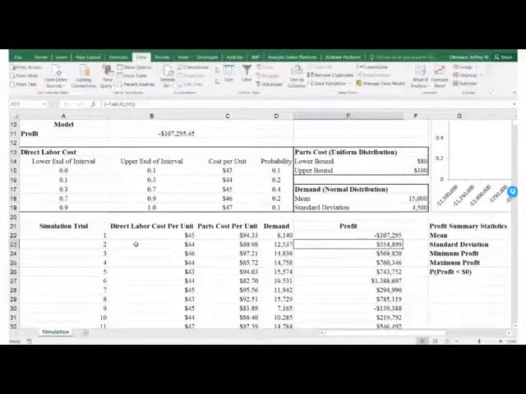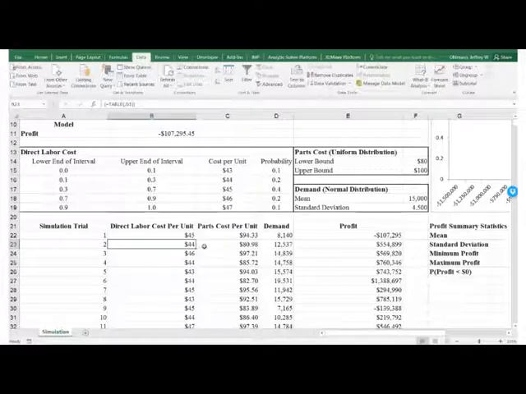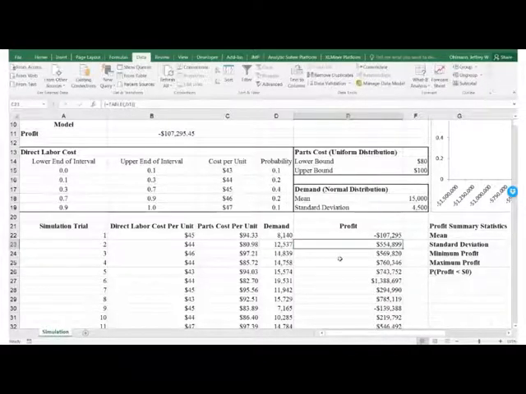So for instance, in the second trial, the direct labor cost was sampled to be $44. The parts cost per unit random value was $80.98. The demand was sampled to be 12,537 units, resulting in a profit of $500,054 and $899.